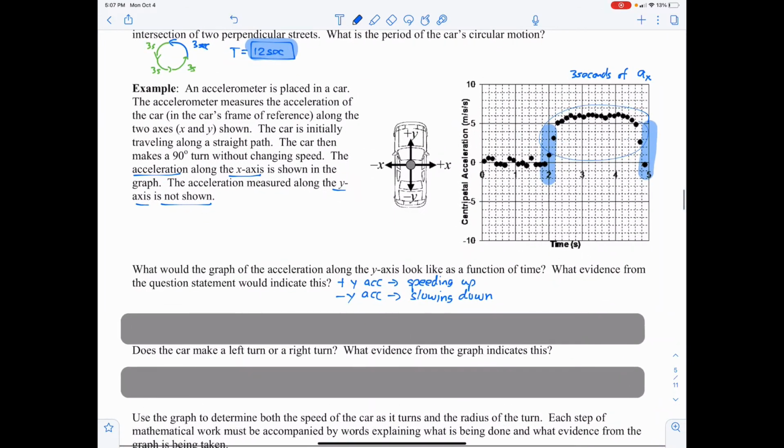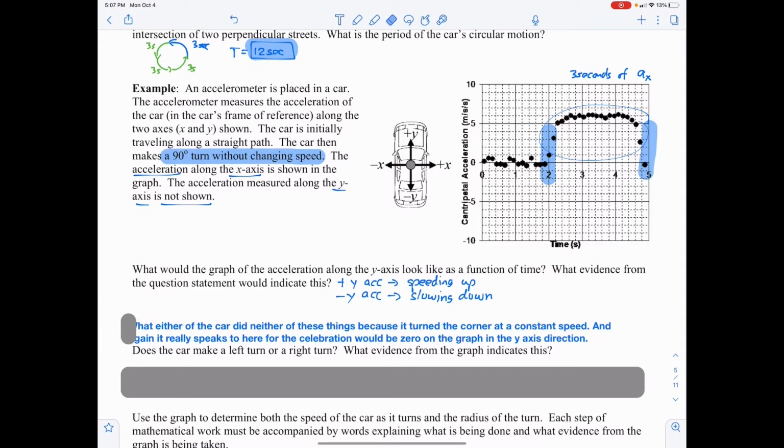Question says, what would the graph of acceleration along the y-axis look like? So we're given the graph of acceleration along the x-axis as a function of time, but what would the graph of acceleration along the y-axis look like? What evidence from the question would indicate this? Well, again, positive y would be speeding up, negative y would be slowing down, and we were told that the car makes the turn without changing speed.